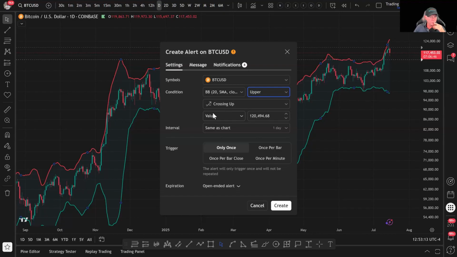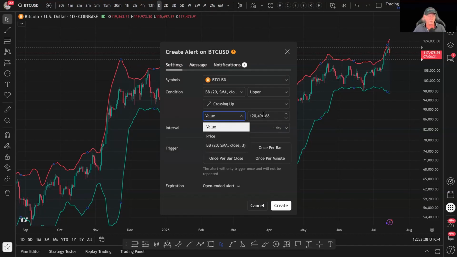And the value as of today, no, this is value 120. I'm not sure, because this is on the upper Bollinger Band crossing up value, price BB20 SMA close. I'll have to investigate that, because I don't know.